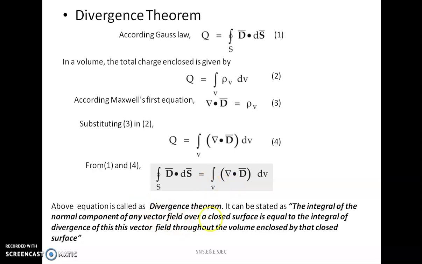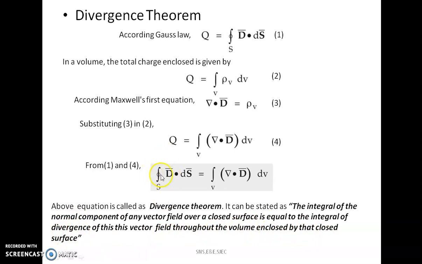We can state the divergence theorem as: the integral of the normal component of any vector field over a closed surface is equal to the integral of the divergence of this vector field throughout the volume enclosed by that surface.